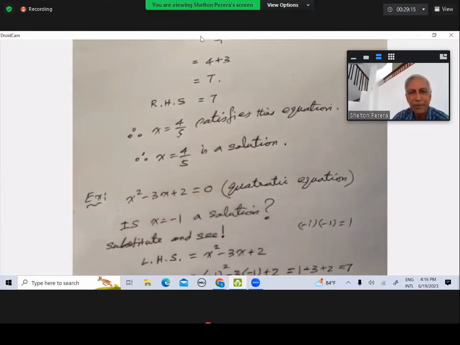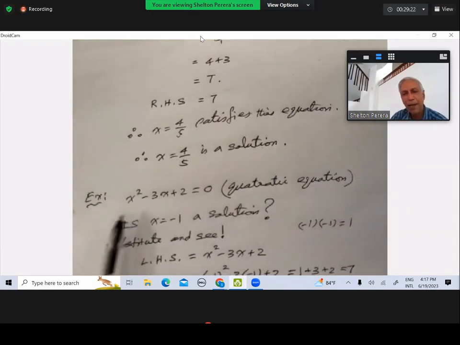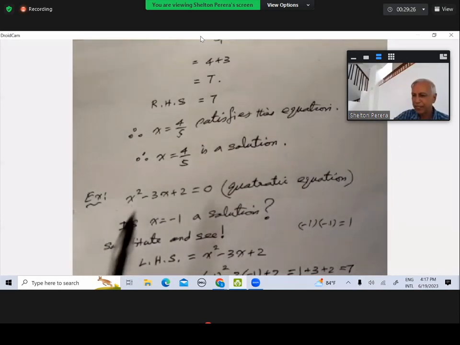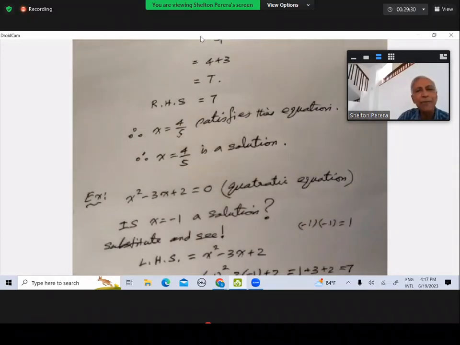The right hand side is also 0. So x equals 1 is a solution. In fact, such equations do have, in general, 2 solutions. Not only x equals 1, x equals 2 is also a solution. No other value will be a solution of that equation.